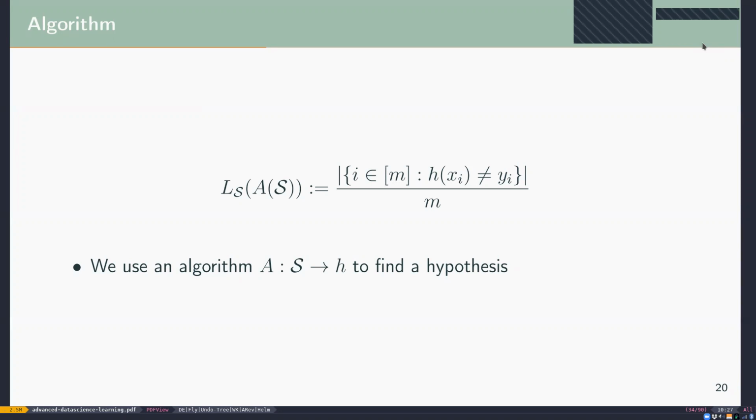I use some form of algorithm to find that. It might be a search algorithm, for example, right? I have some parameterization of my hypothesis, and then I search around in this space. But actually, the way this should be written, really, the way we do it, is that I take an algorithm, apply it to the training data set I have, and I use that algorithm to search, right?